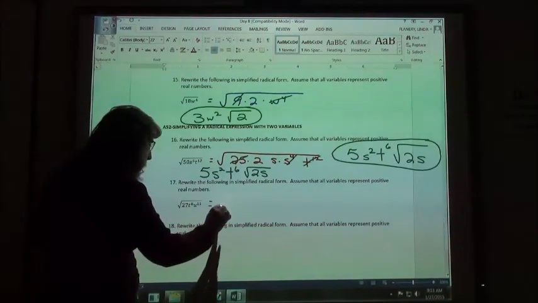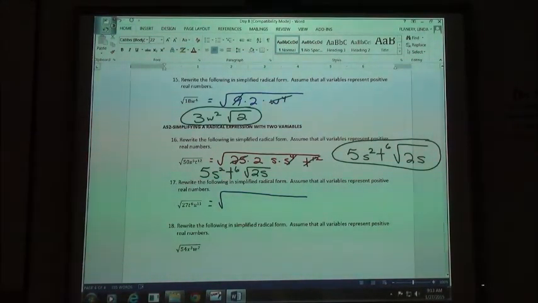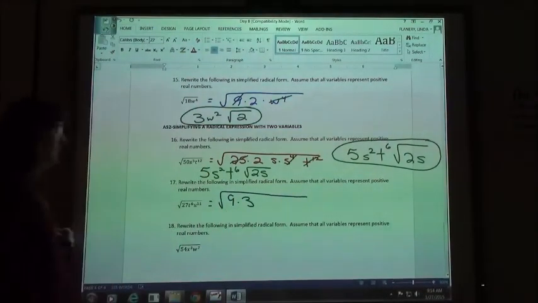So number 17, 27. 27 is not a perfect square. I want to factor 27 into what? Nine, exactly. 25 doesn't work, 16 doesn't work, but 9 goes into 27. 9 times 3 is 27.